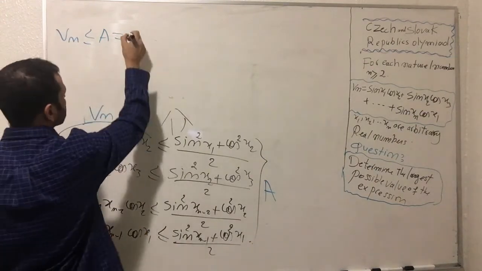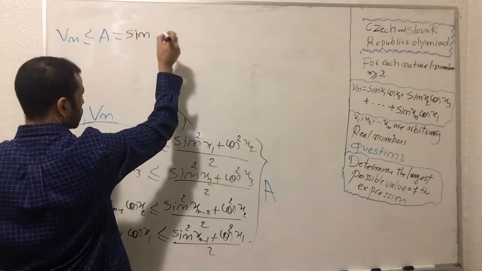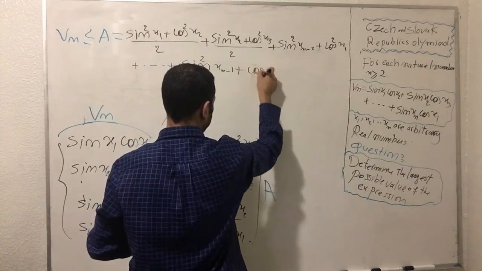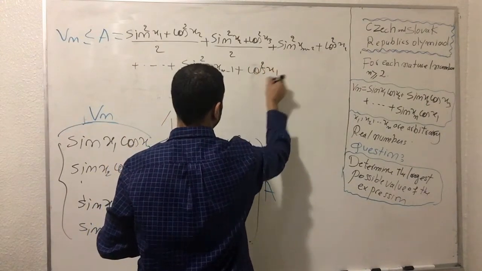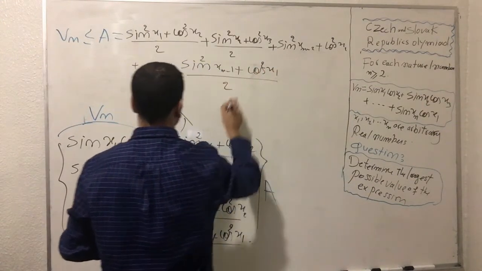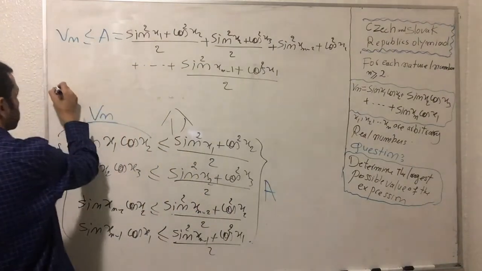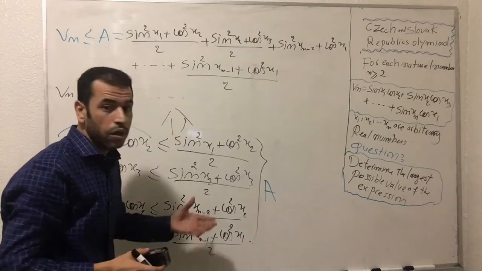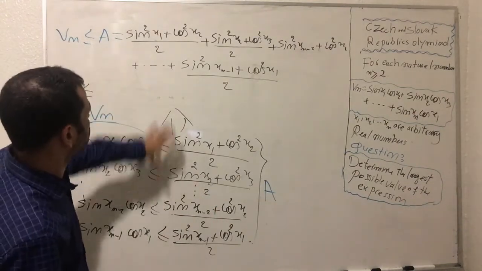So I will have the sum of sine squared x sub 1. What I did here, I just brought this one at the top.